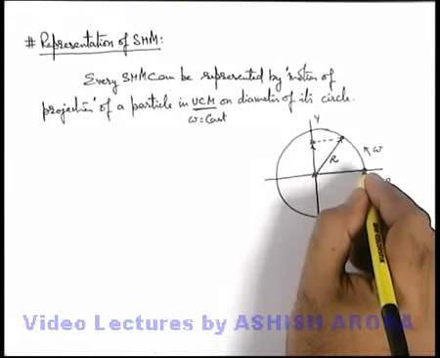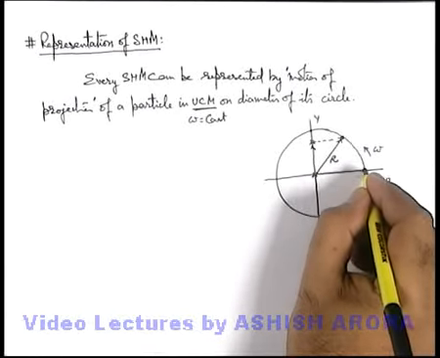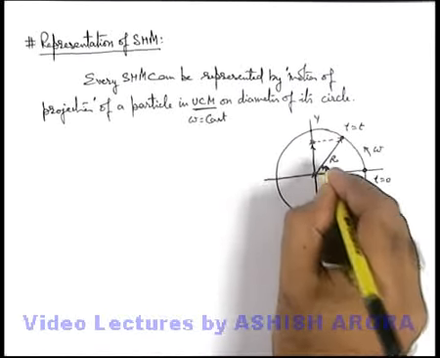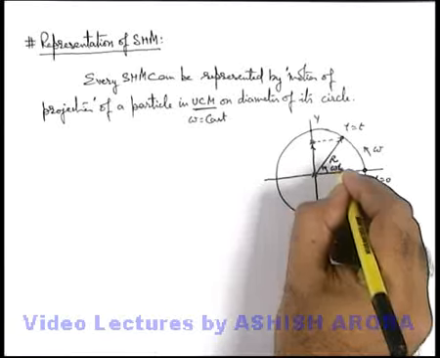Now in this situation at t equal to 0, say it started from this point, and at a general time t, it will have revolved by an angle omega t.